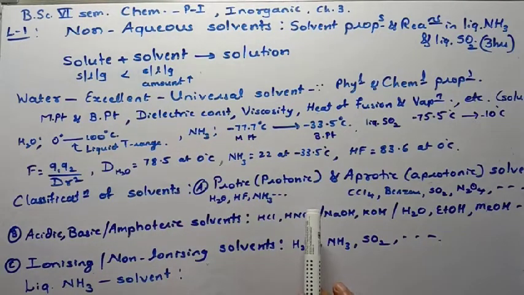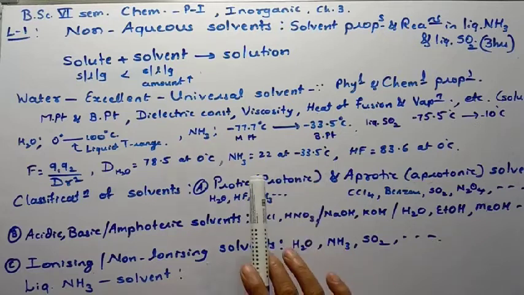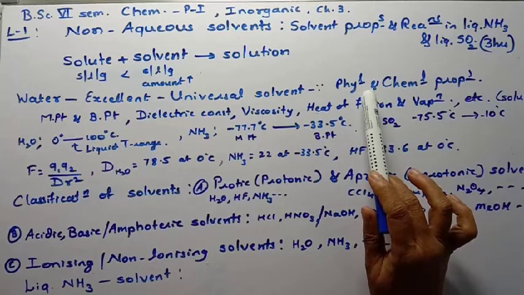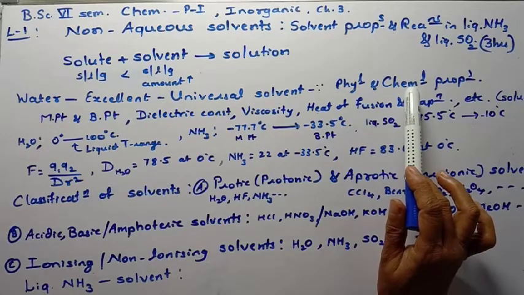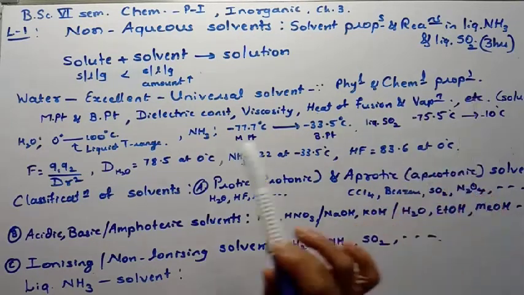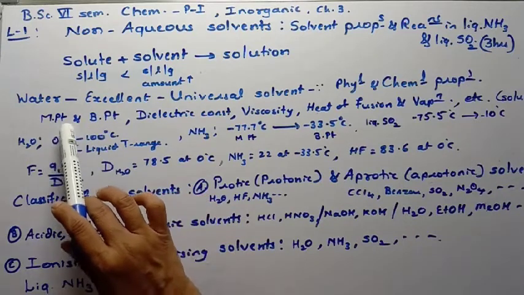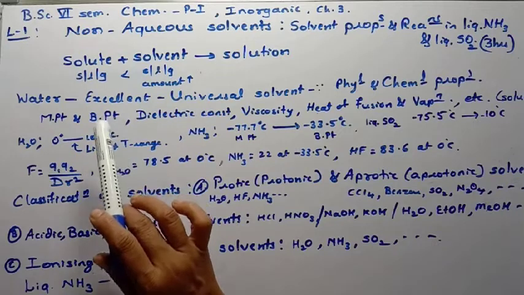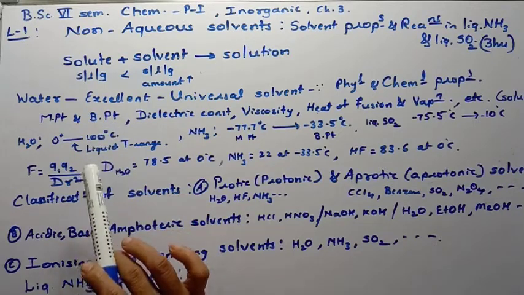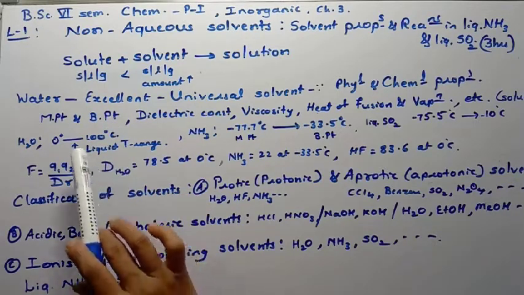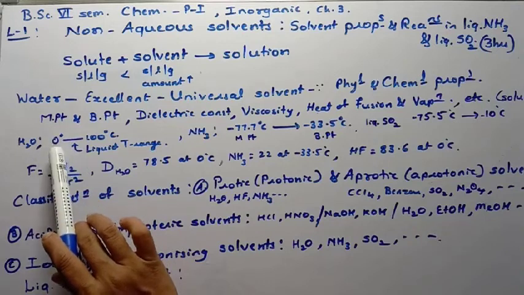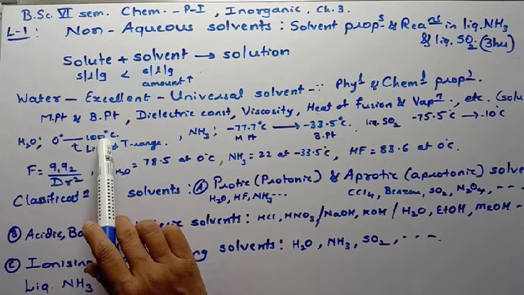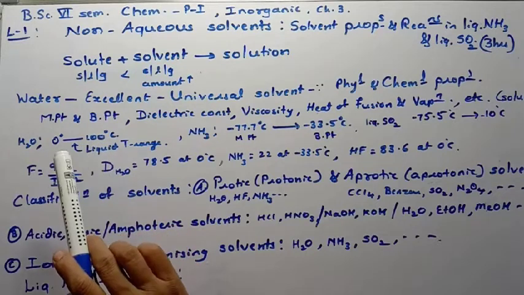In any solvent, its behavior depends on its physical as well as chemical properties. Properties like melting point and boiling point are very important for knowing the temperature range in which it exists as a liquid. For example, 0 degrees is the melting point of water and 100 degrees is its boiling point.